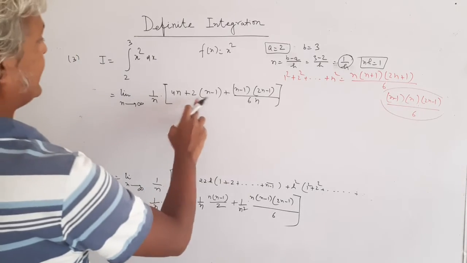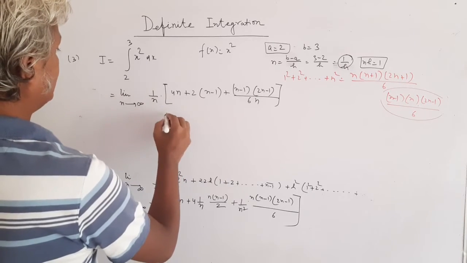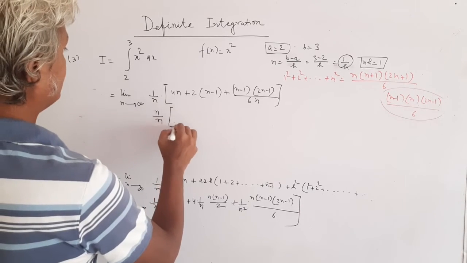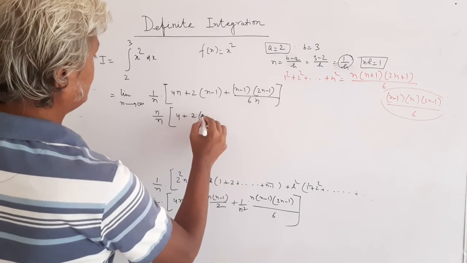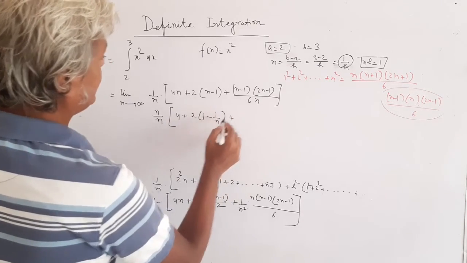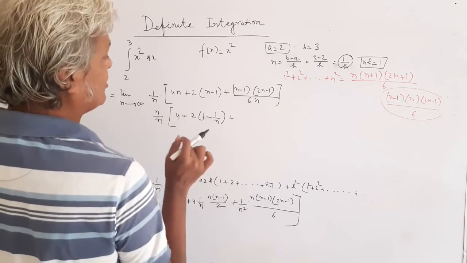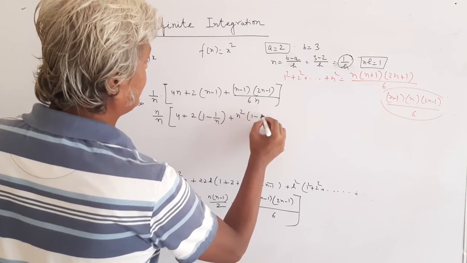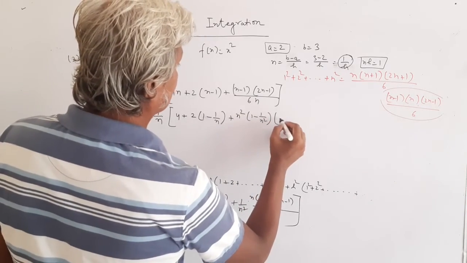Now if I take n common from all, here I get n upon n. This becomes 4, and this becomes 2. N becomes 1 and 1 becomes 1 by n plus, here I take 1 n outside. Here I take n square common, so this becomes 1 minus 1 over n square.